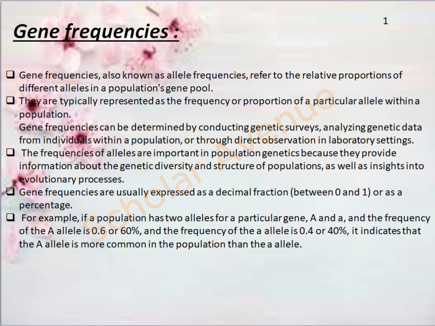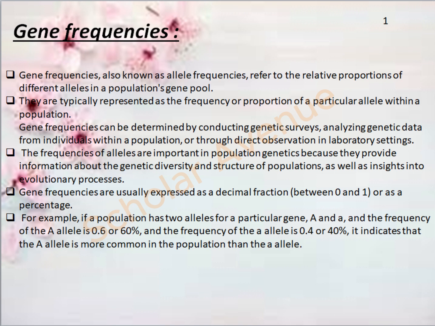Gene frequencies can be determined by conducting genetic surveys analyzing genetic data from individuals within a population, or through direct observation in laboratory settings. The frequencies of alleles are important in population genetics because they provide information about the genetic diversity and structure of populations, as well as insights into evolutionary processes.